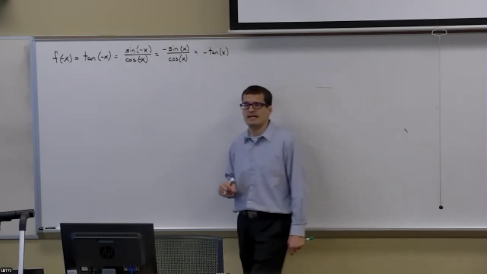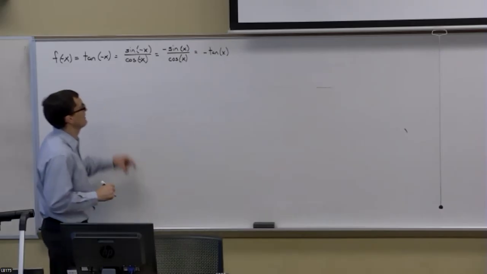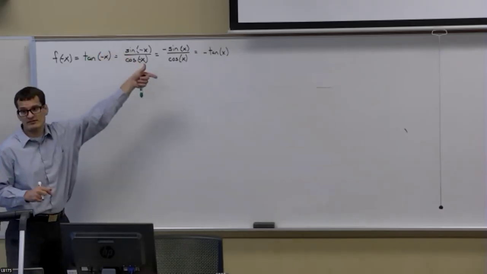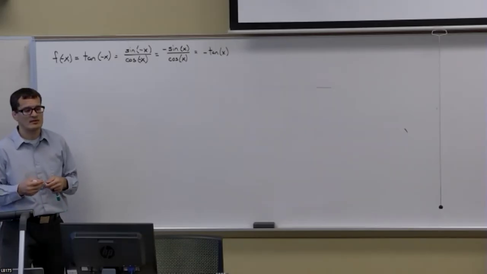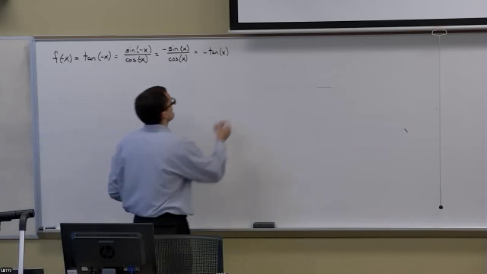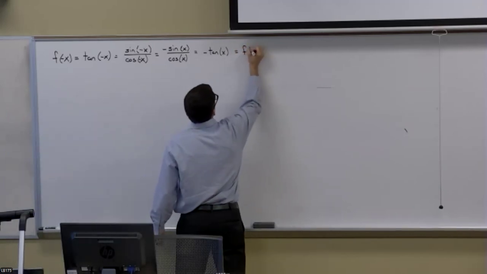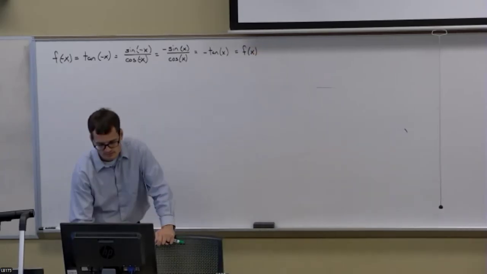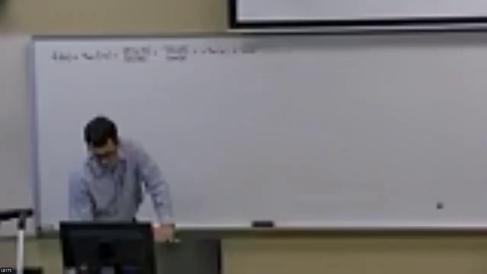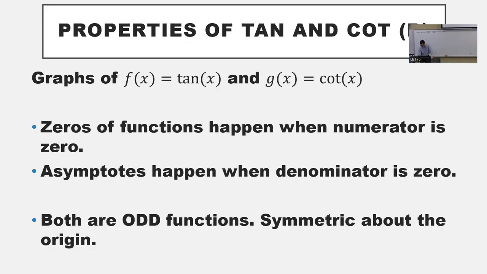Cotangent will also be an odd function for the same reason, just flip the ratio upside down. So tangent is an odd function, cotangent is also an odd function. And if you look back at the graphs, we could have seen that graphically by saying that it's symmetric about the origin.